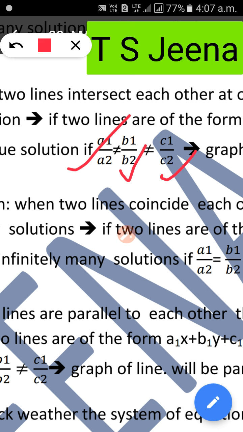This is the condition for unique solution. Without drawing the graph, you can find it.